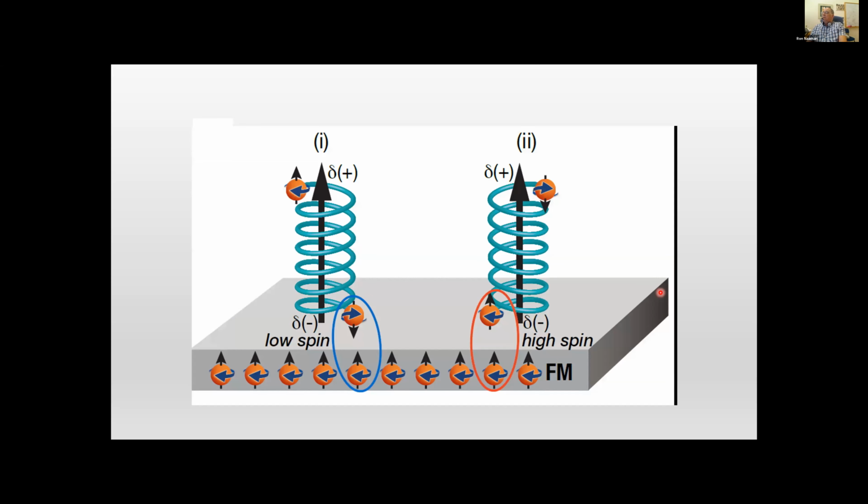So what is the concept? When a molecule is approaching a surface, due to the difference in the electrochemical potential between the molecule and the surface, the molecule gets charge polarized. You may remember, this is the induced dipole effect, right?